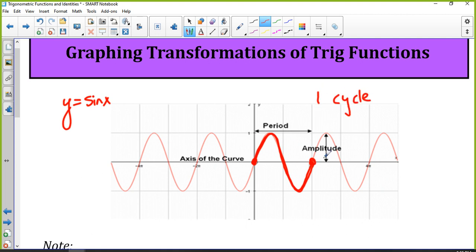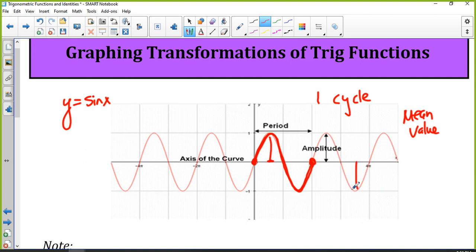And the length of one cycle, how long it takes for one cycle to occur, is called the period. All right. Now, the period of y equals sine x is 360 degrees. More on that in a second. The amplitude of the graph is the distance from the mean value, same thing as the axis of the curve, to the maximum, or also from the mean value to the minimum.